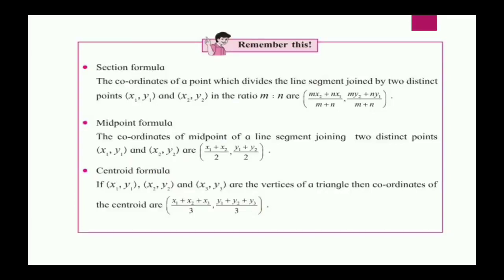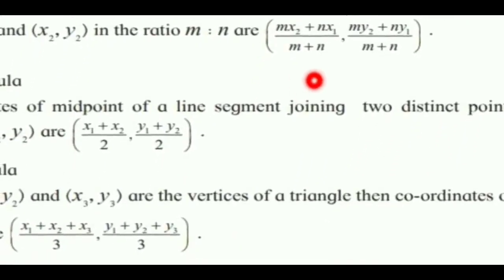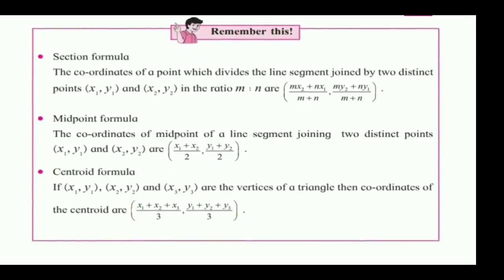When the ratio is given, according to the section formula, the coordinate point is (mx2 plus nx1) upon (m plus n), comma. This is for finding the x coordinate. Now for finding the y coordinate, (m y2 plus n y1) upon (m plus n). This is the section formula to find the coordinates of the point which divides the line segment joined by two distinct points.